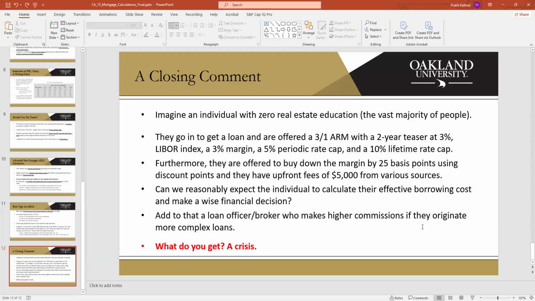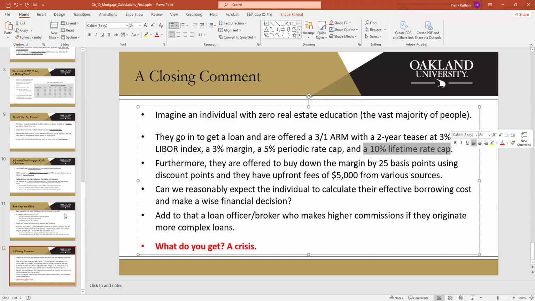Now, they're buying a house and they go to a bank to get a loan. And what they're offered by a mortgage broker or a bank is a 3-1 ARM with a 2-year teaser rate at 3% based on the LIBOR index, a 3% margin, a 5% periodic rate cap, and a 10% lifetime rate cap.